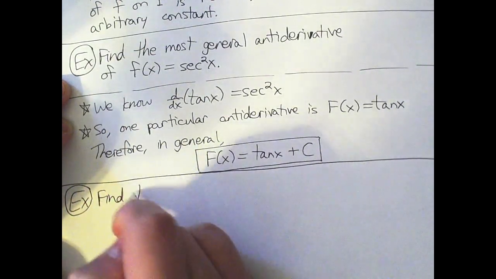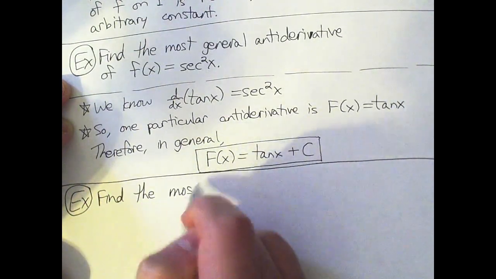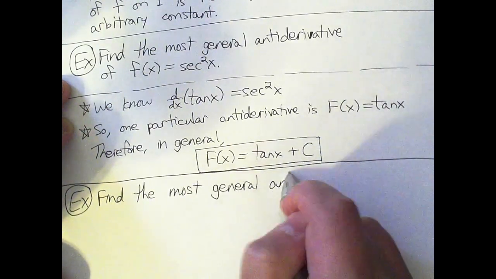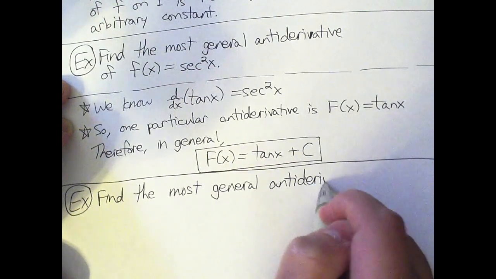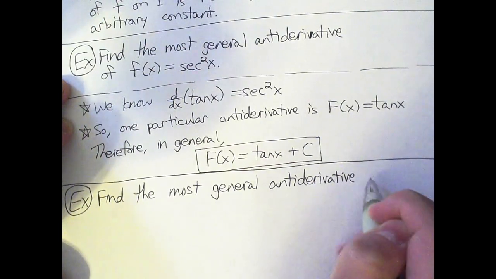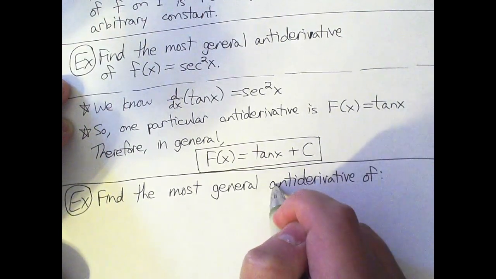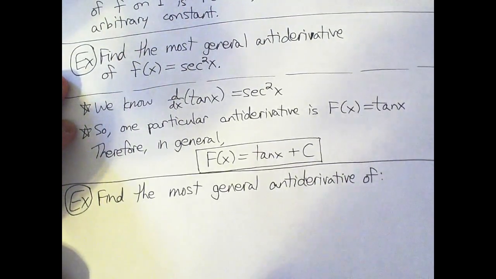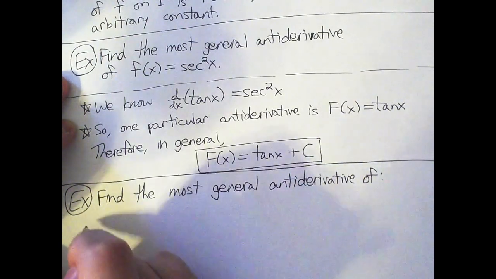Find the most general antiderivative of, I'm going to give you 4 of these. Because it says the most general antiderivative, the answers we find are going to be something plus c. So keep that in mind.